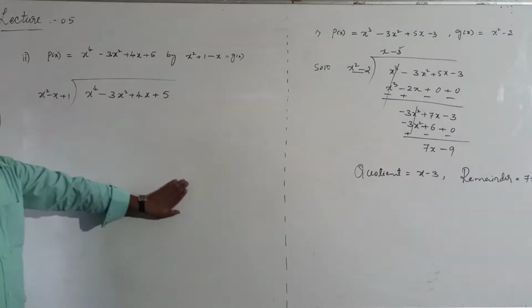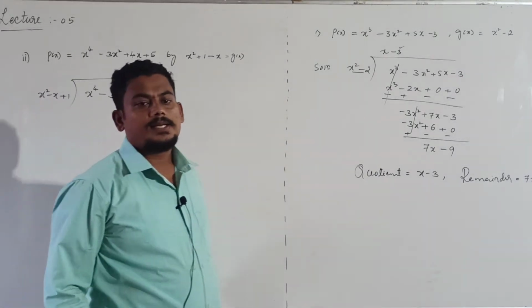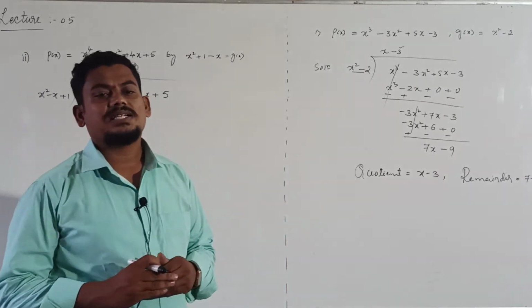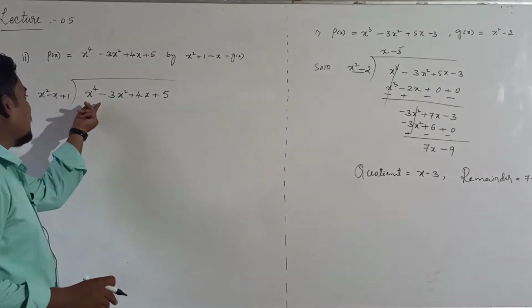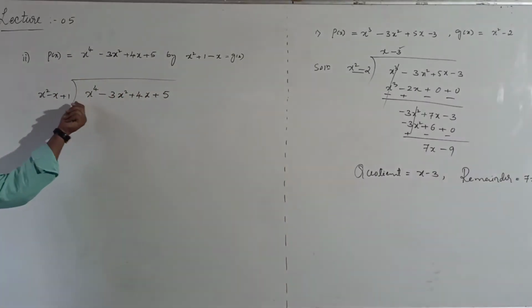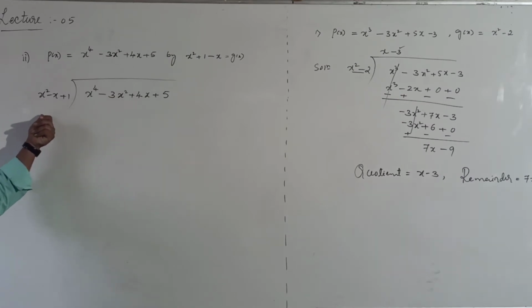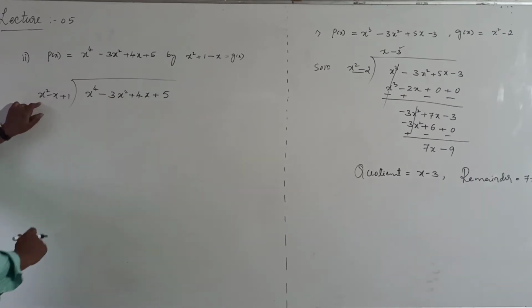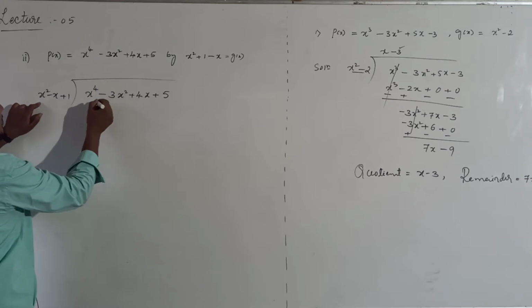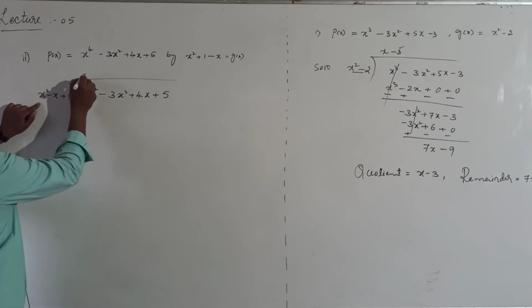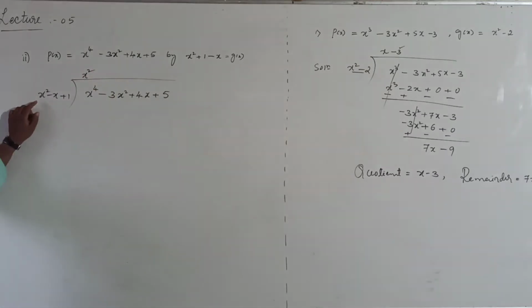After taking the dividend and divisor, just concentrate on the first term of the dividend. Which term do we need to multiply with the divisor for getting the first term of the dividend? That is x square. X square into x square gives x power 4.